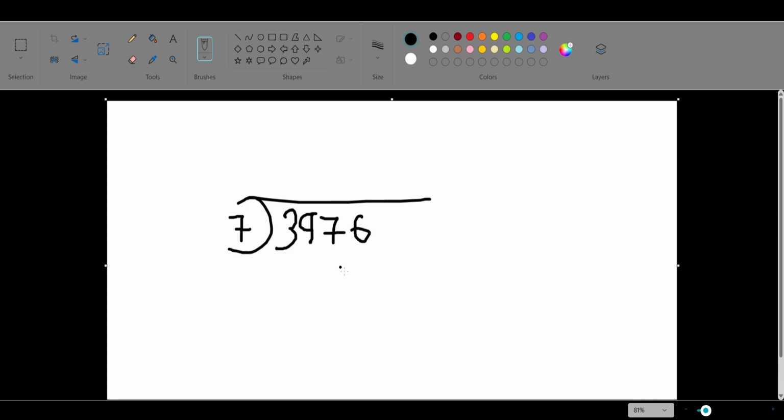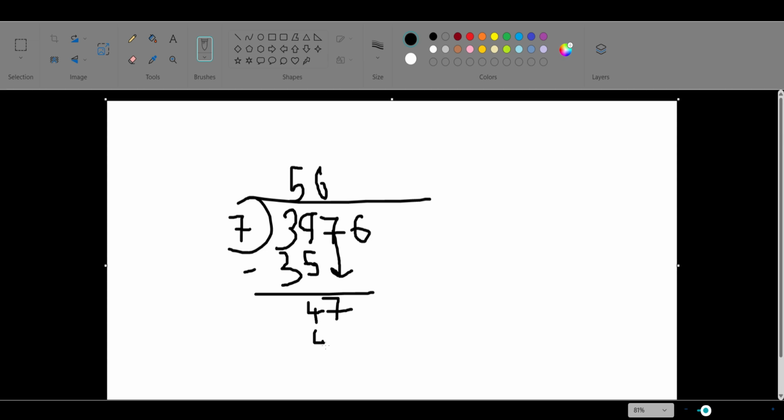So 7 times 4 is 28. No. 7 times 5, which is 35. You can't do 7 times 6 because that would obviously go into negative digits, which we don't want to do right now. So 7 times 5, which is 35.